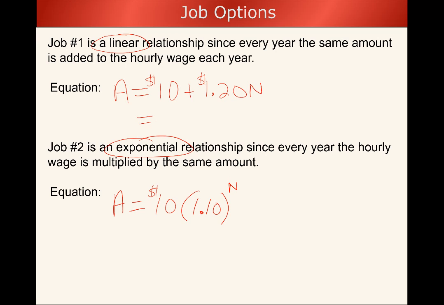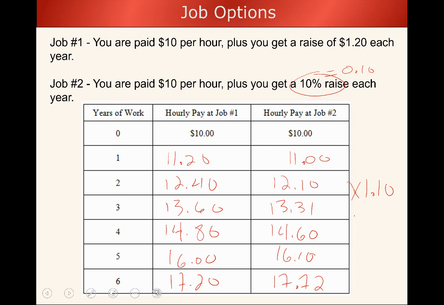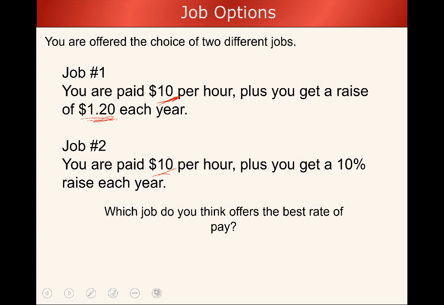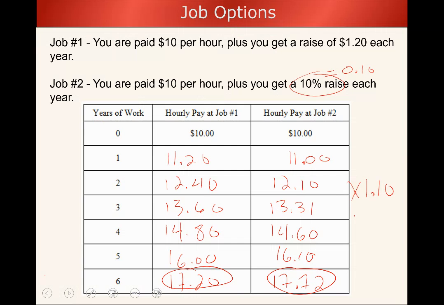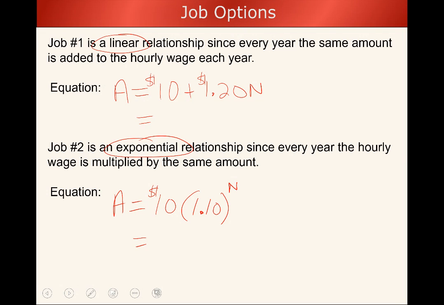Now, just to make sure we did that right, if I look back at those last two values, $17.20 at 6 years experience, and $17.72 at 6 years experience. Let's go back to that slide and see if I got those equations right. In equation 1, 10 plus $1.20 times 6 equals $17.20.